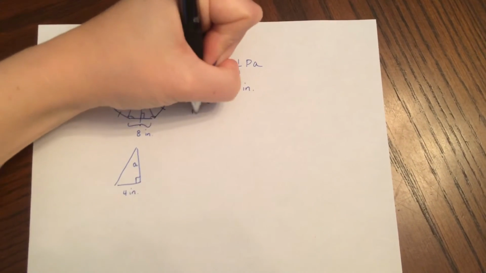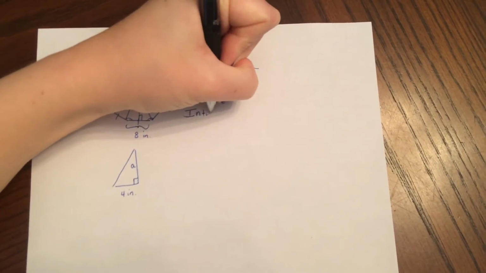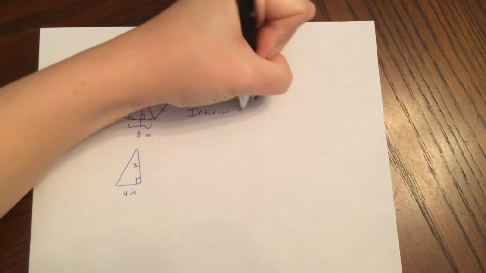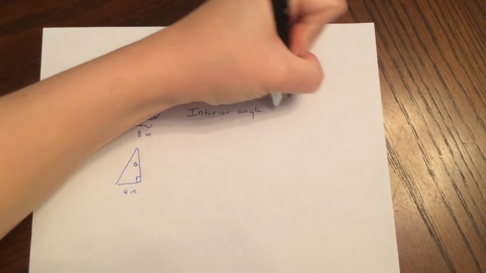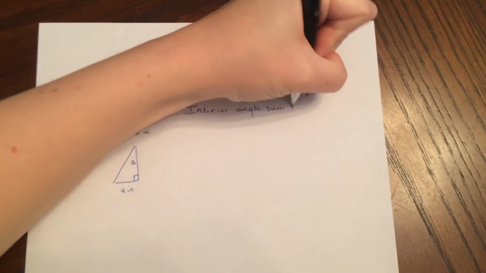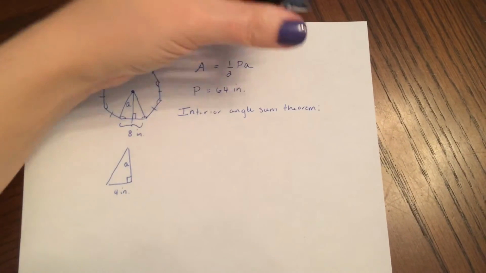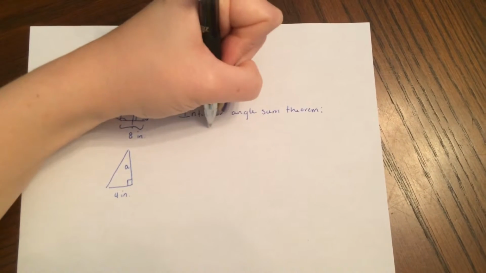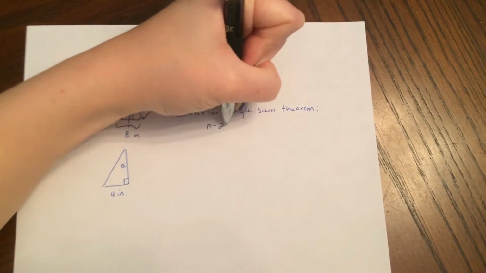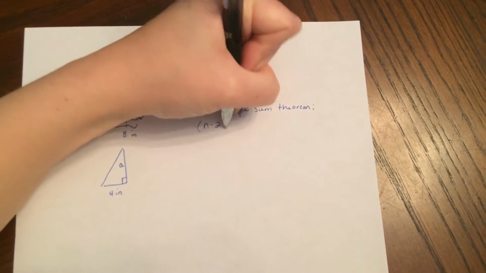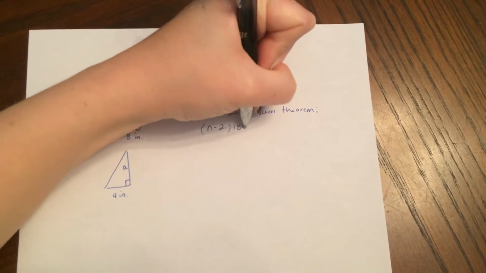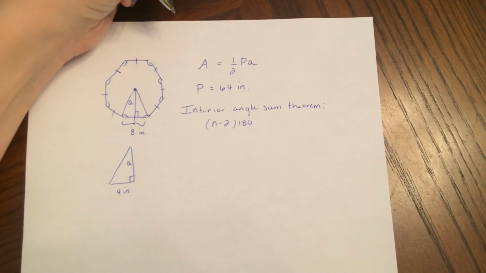So we use our interior angle sum theorem. The formula is n minus 2 times 180, or 180 times n minus 2, whatever you want to do.